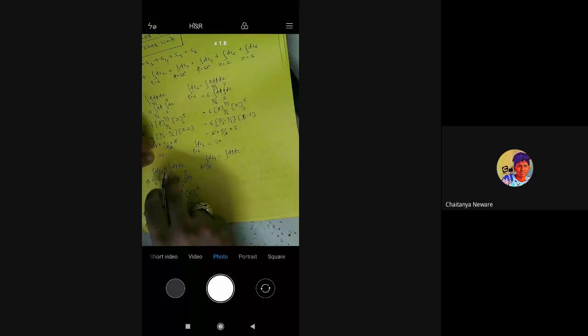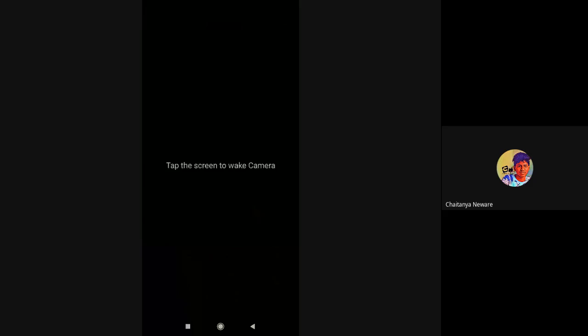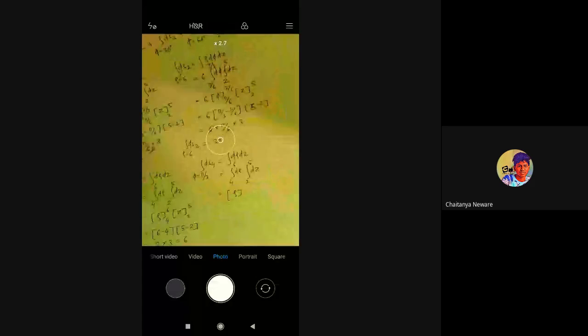It is the integration of d rho dz, and since we have not put in the value of phi, the answer will be the same. The integration of d rho is rho from 4 to 6, and z from 2 to 5.